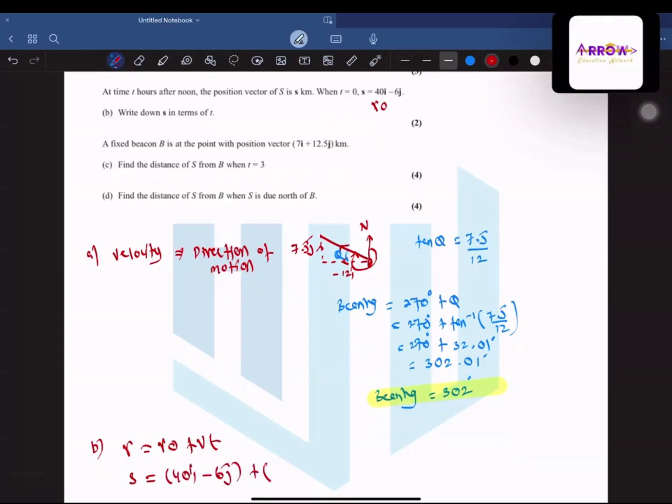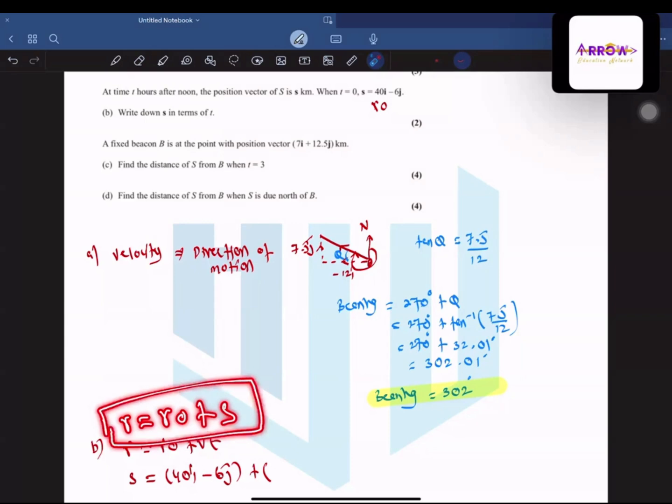Conceptually, r is equal to r naught plus the displacement vector, but in the case of constant velocity, the displacement is velocity multiplied by t. So in the case of constant velocity, we use r equals r naught plus vt.